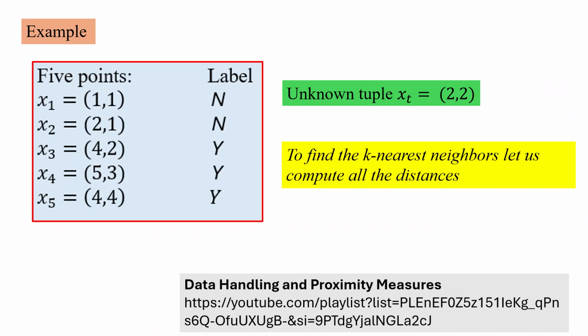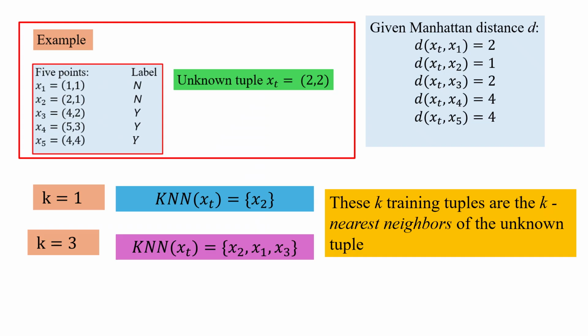So we take the same example where the unknown tuple is given as 2, 2. To find the k nearest neighbors, let us compute all the distances of this tuple with the given 5 points. These distance proximity measures we have earlier discussed, and I have given the link of the playlist for data handling and proximity measures. Now we will find all the distances.